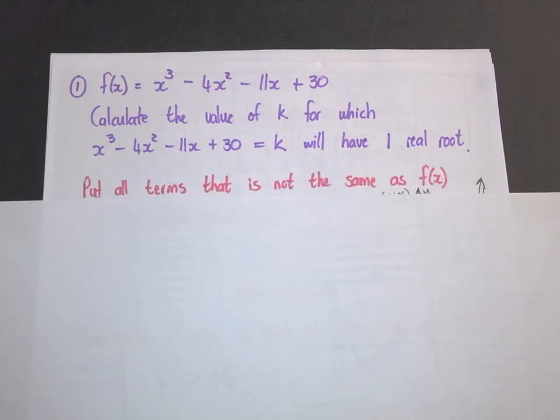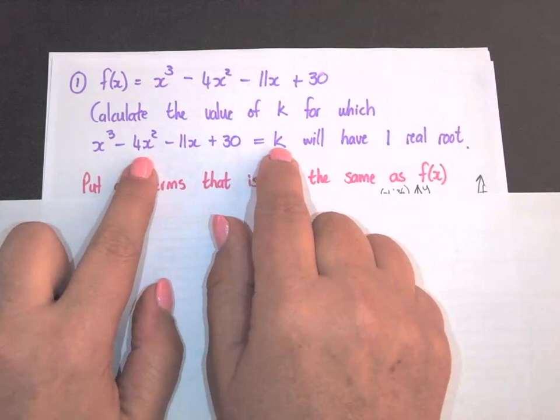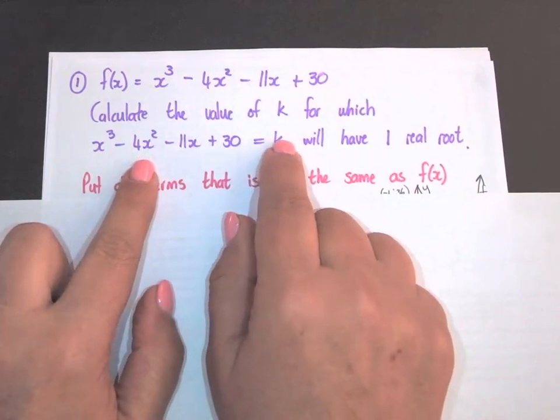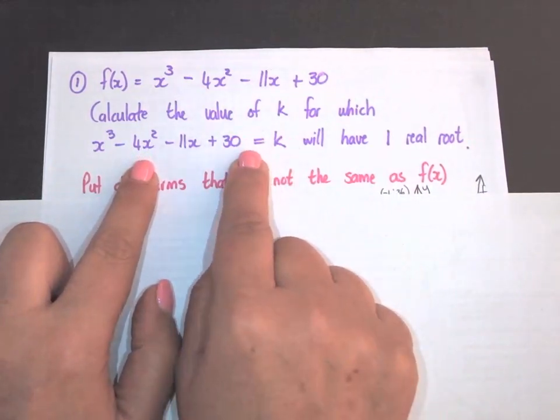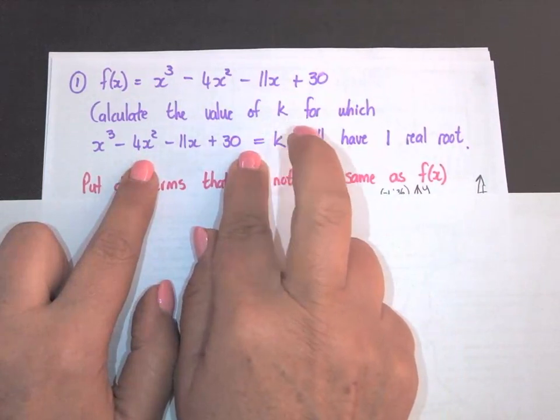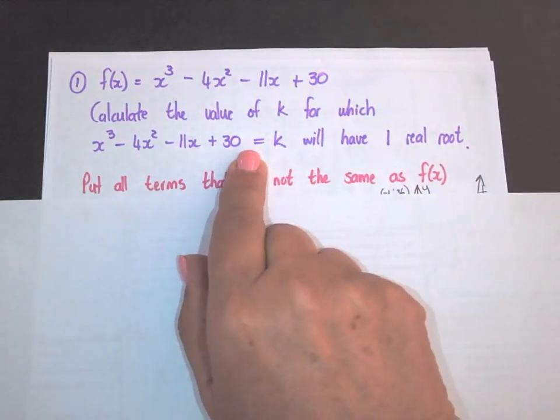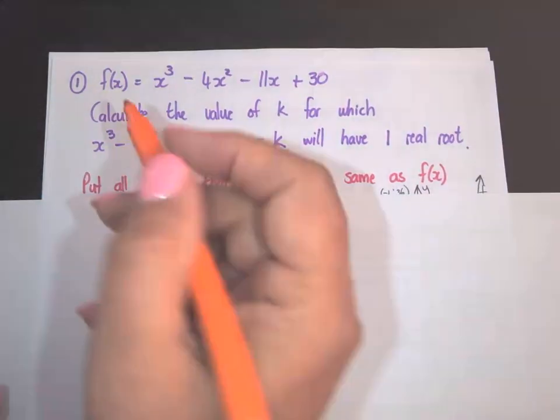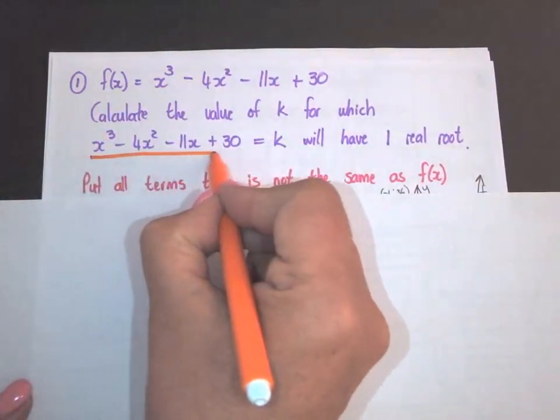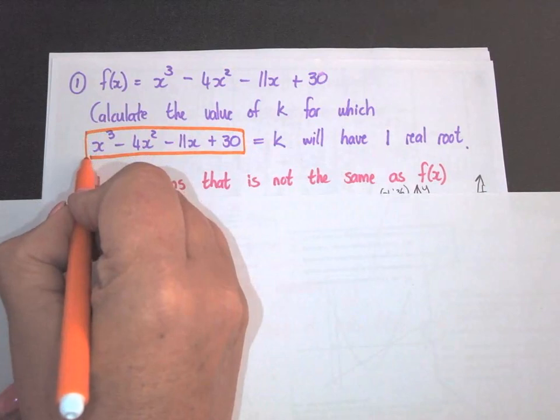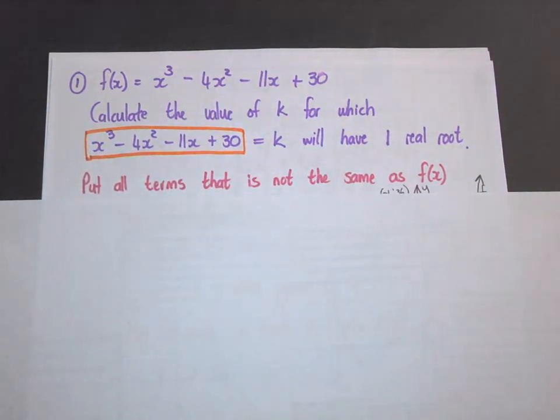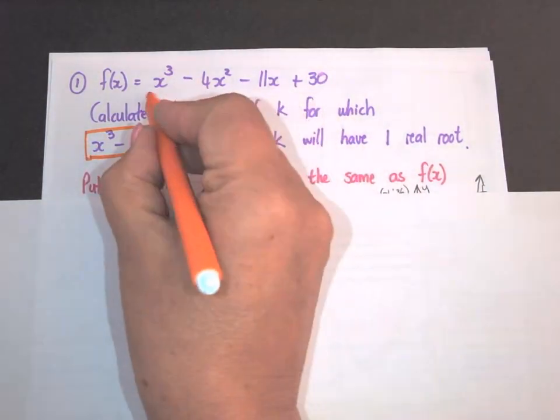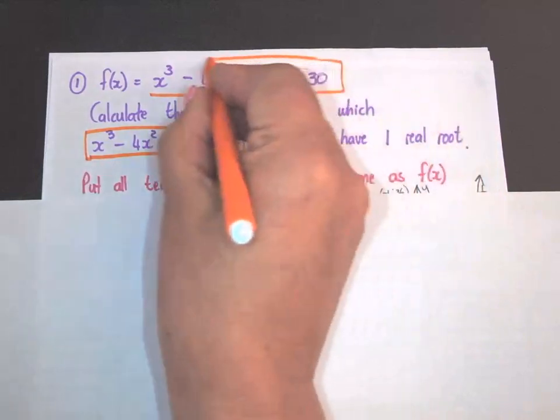Now, sometimes they put the K to the left side of the equal sign and then say it's equal to 0. So the first step is always to make sure that this part to the left or to the right of the equal sign is equal to the given function.